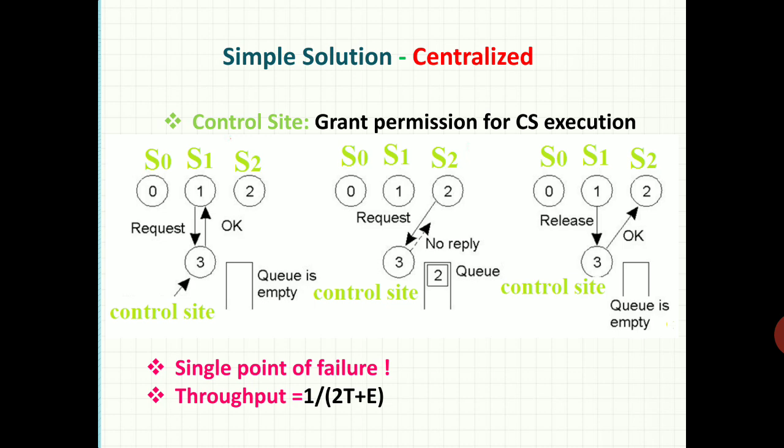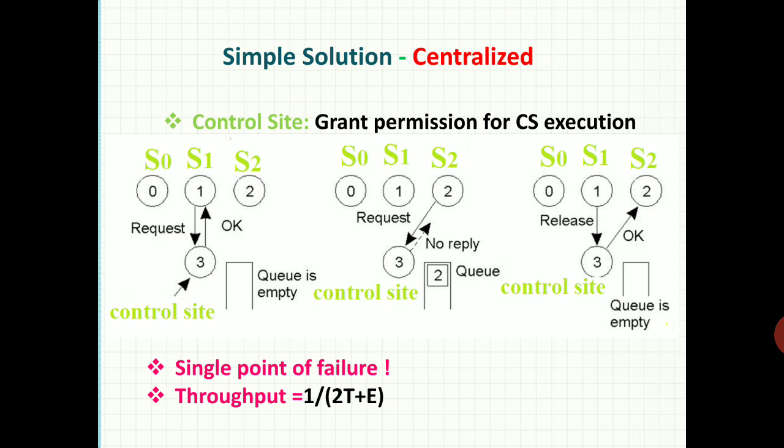Whenever a particular site exits the critical section, it sends a release message to the control site. So after executing the critical section, site S1 replies with a release message to the control site.